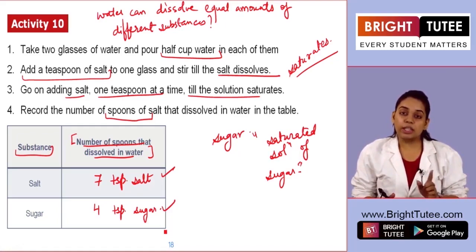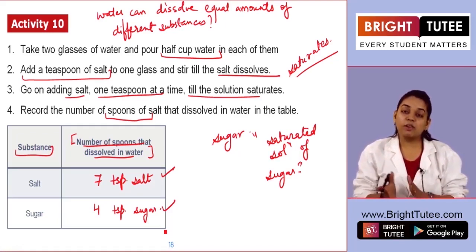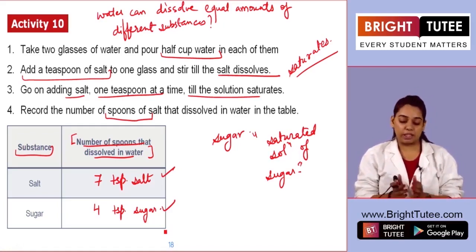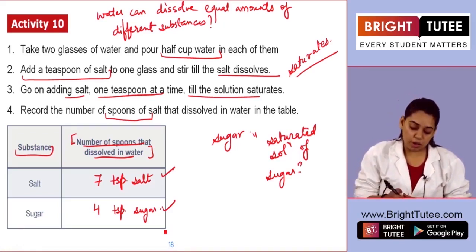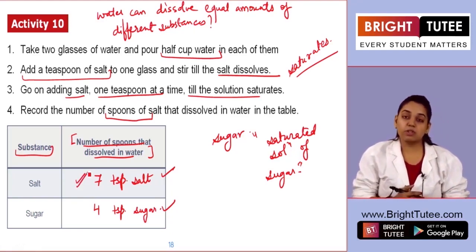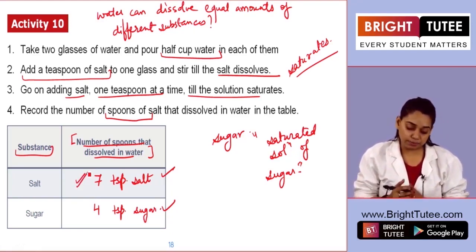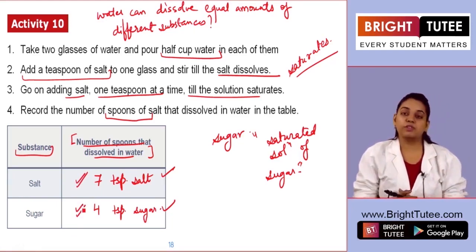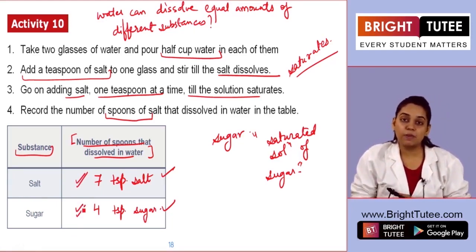So water can dissolve unequal amounts of substances depending upon their properties. For example, it can dissolve say 7 teaspoons of salt in half cup of water, whereas it was only able to dissolve 4 teaspoons of sugar in the same quantity of water.